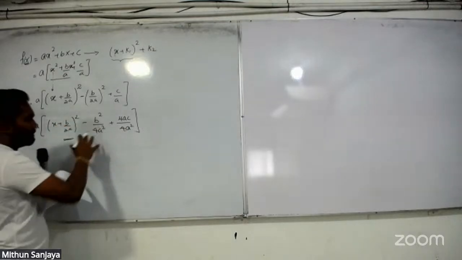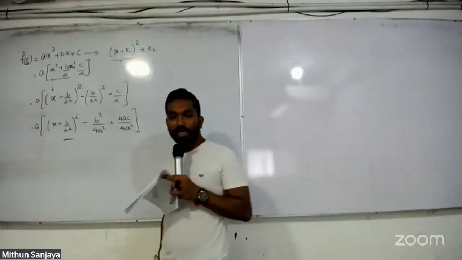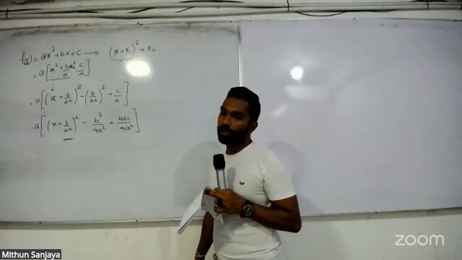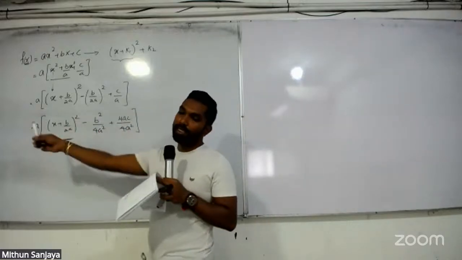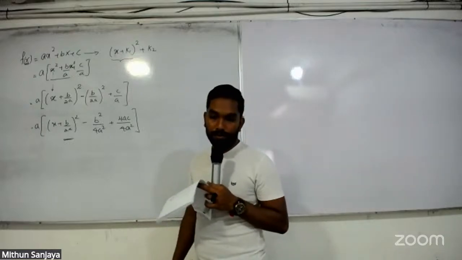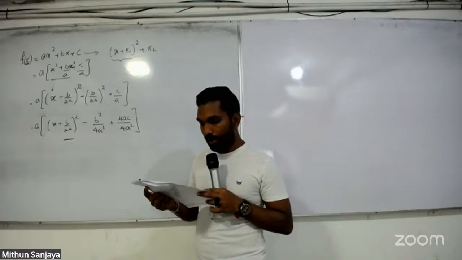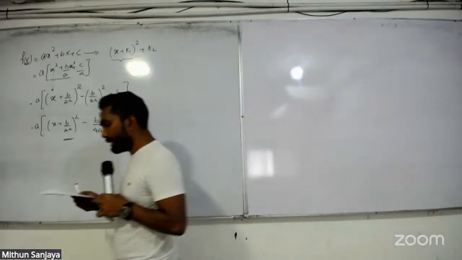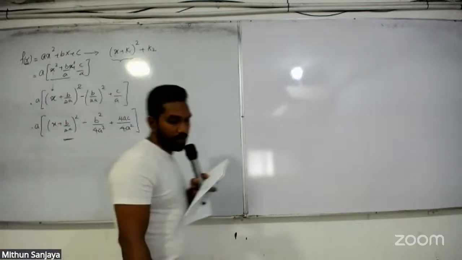We need to simplify, and if they have numbers, then we need to get the right answer. So now we get the completing square of the quadratic function like that. That's the completing square of a quadratic function.